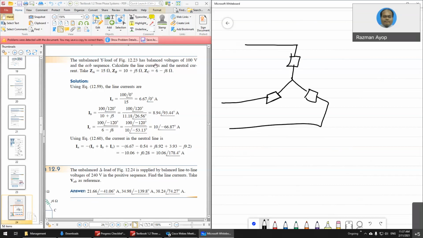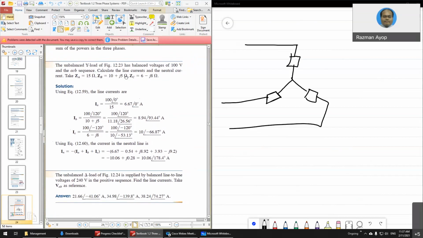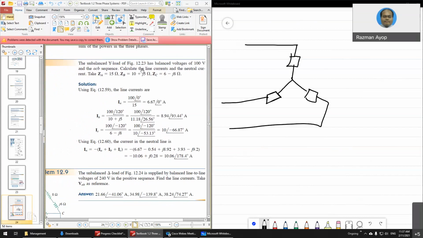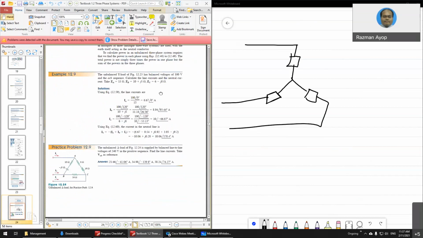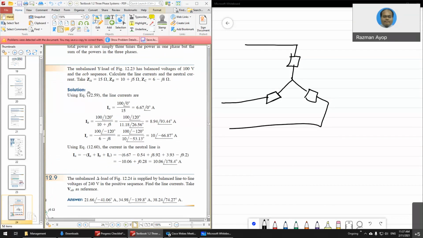It has a balanced 100-volt voltage and the ACB sequence. This is negative sequence. It should be flipped, but I suggest you don't look at this example because it is confusing. Because this is ACB sequence, be careful with ABC and ACB. But usually we will ask for the ABC sequence. So just take the notes first.